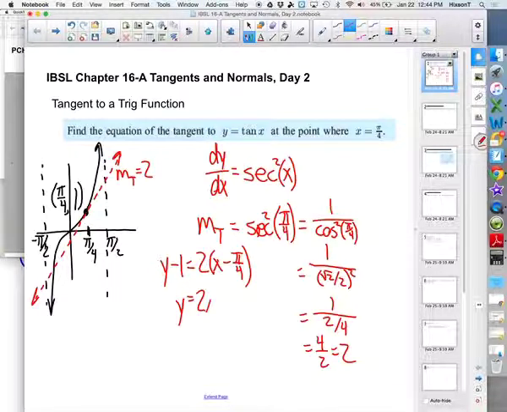So we'd have y equals 2x minus pi over 2, once we distribute the 2, plus 1. So our y-intercept down here is negative pi over 2 plus 1, somewhere around negative 0.5 or so. That's our tangent line. Any questions?